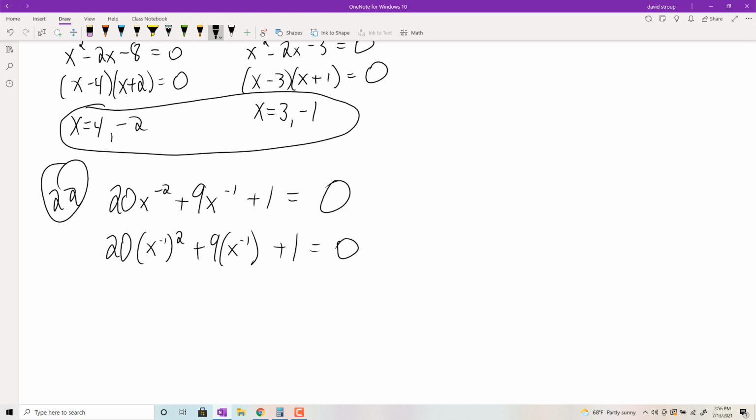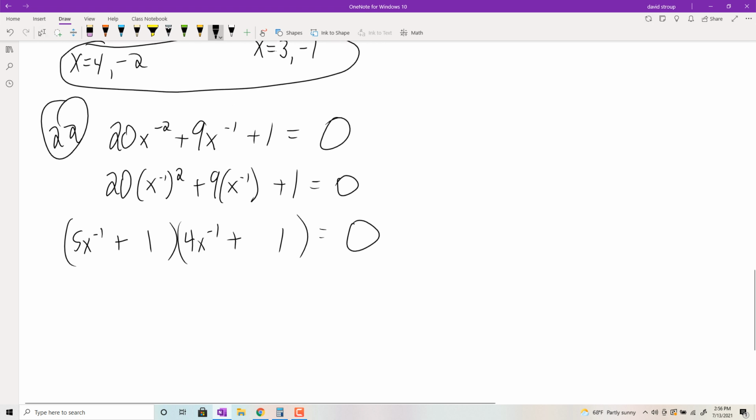Okay. So I'd have, it has to be plus plus, it has to be 1 and 1, and then it looks like 5x to the negative 1, 4x to the negative 1. Okay, then set these two formulas equal to 0.